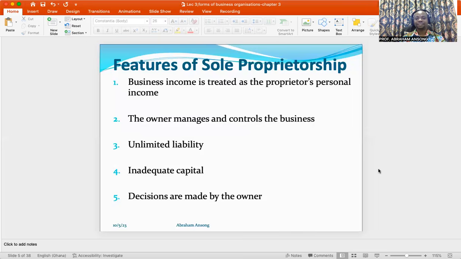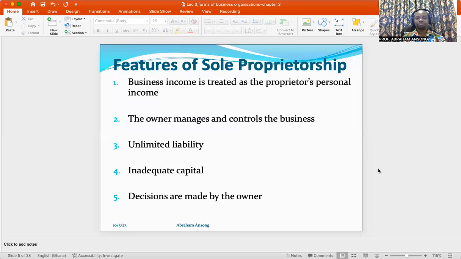All right. The other thing is that they are more likely to find it difficult to secure loans and other financial assistance from financial institutions. Why? Because their size tends to be small, and so that makes it difficult for them to meet the collateral requirements of financial institutions. Okay. And beyond the size, most of these sole proprietors don't also invest in keeping proper financial records and statements.